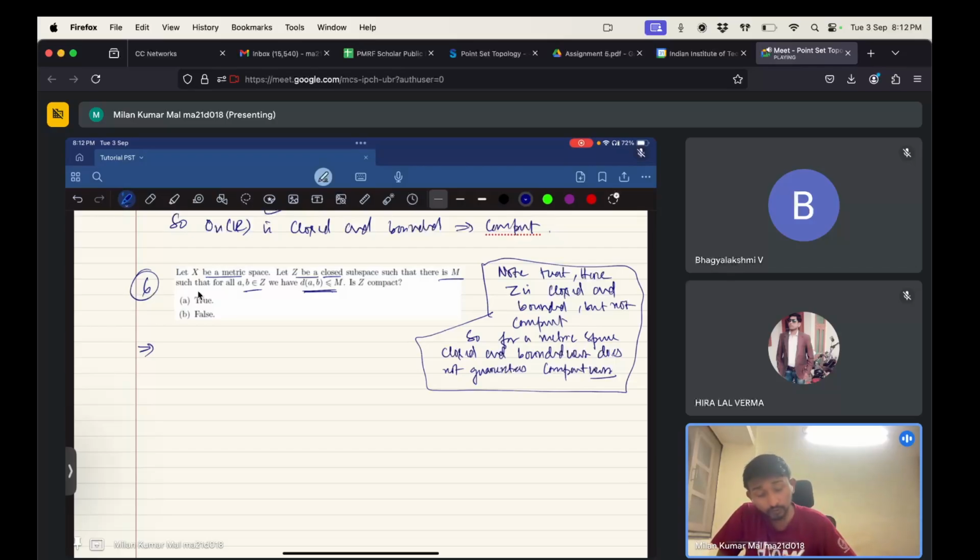So here I will prove that Z is not compact, that this statement is false. How will I do this?